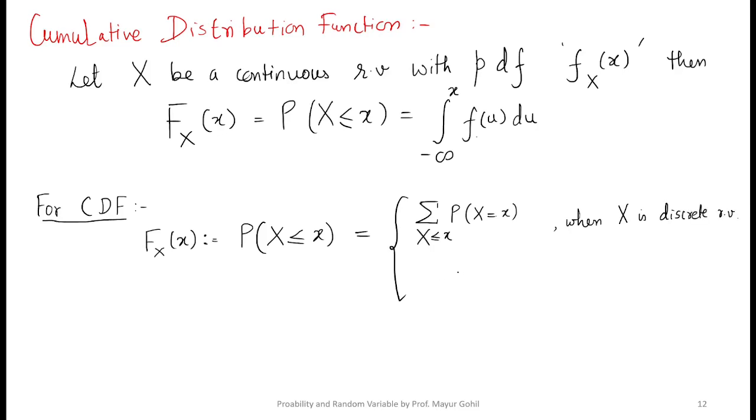Another formula is the integral from minus infinity to x of f of u du, when capital X is a continuous random variable. This is the formula that we have. So this is how it works, and this is how the whole thing goes about.